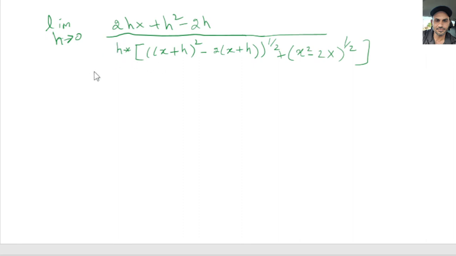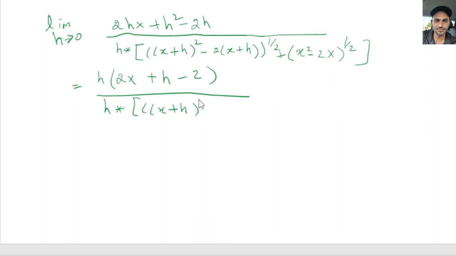So now we factor out h from the top. If we factor out h, h is gone, so you're left with 2x plus h minus 2 on top. And in the denominator, we still have this part right here, h times x plus h squared minus 2 times x plus h, and the whole thing raised to 1/2 plus x squared minus 2x raised to 1/2.